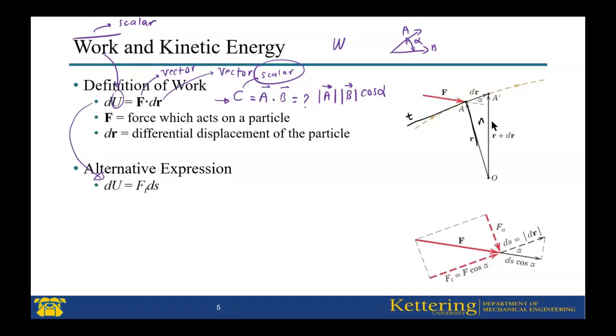Now, using that one, I showed you that du is F dot dr. Using this relation, it will be the magnitude of F, the absolute value of dr, multiplied by cosine alpha.